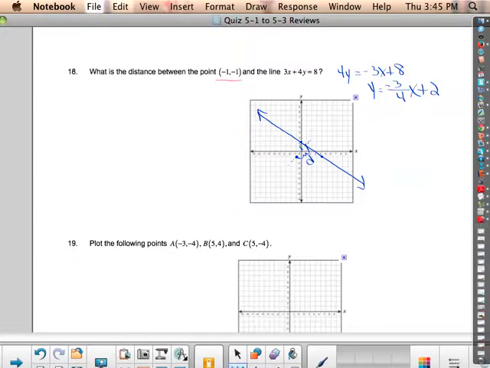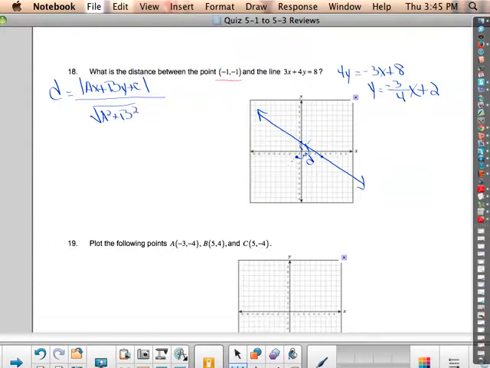In order to find that distance, you have to find the point of intersection of those two lines, then use the distance formula, or you can use the formula: the distance from a point to a line is the absolute value of a times x plus b times y plus c over the square root of a squared plus b squared.